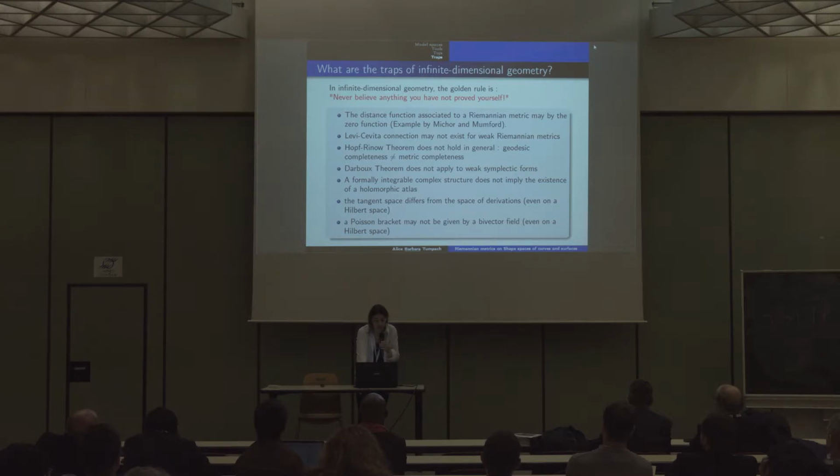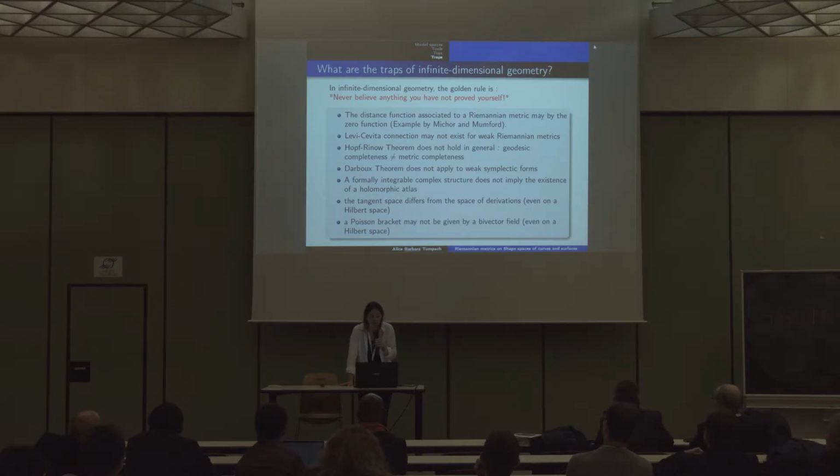So let me just mention that the distance function associated to a Riemannian metric may be the zero function. So this is a well-known example by Michor and Mumford. You have heard about it certainly because in shape analysis, you know this L2 metric, which gives you zero distance, which is absolutely useless for shape comparison.